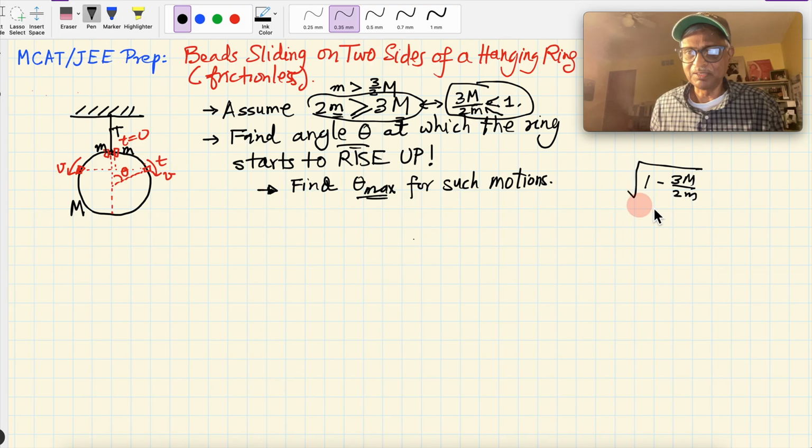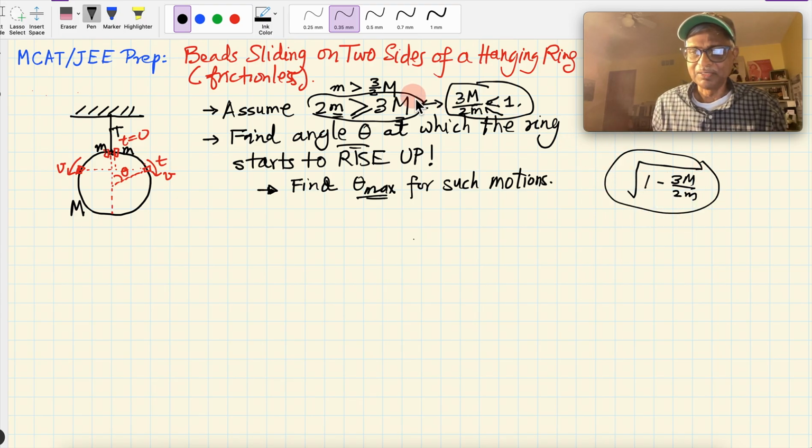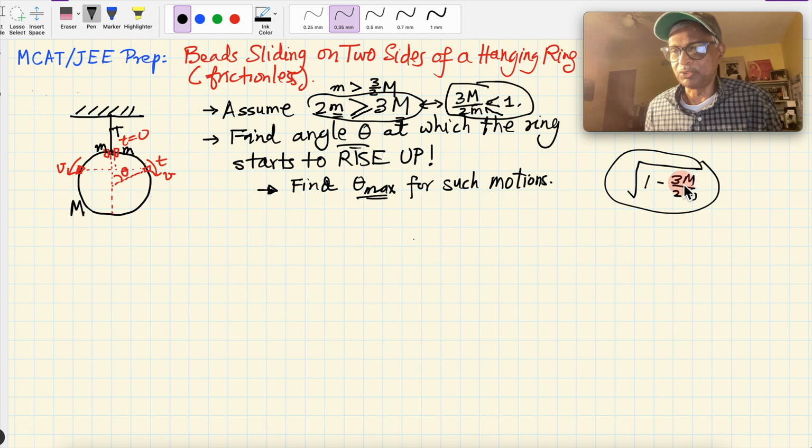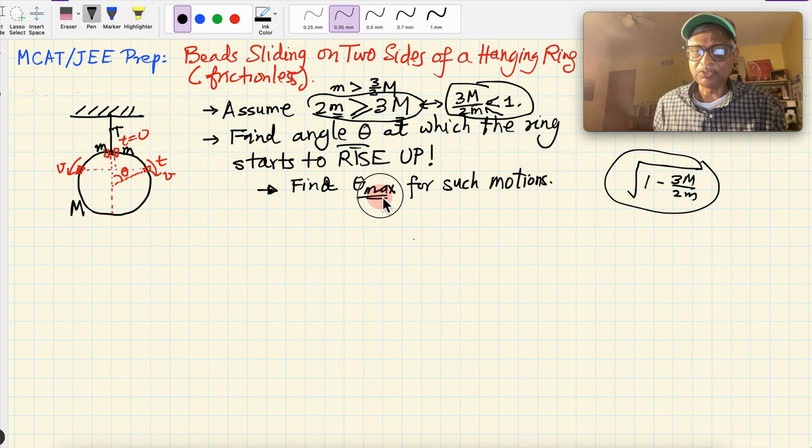So if this has to be real, then this condition has to be obeyed. So the least it can be is equal to 0. So theta max is exactly when 1 equals 3m over 2m.